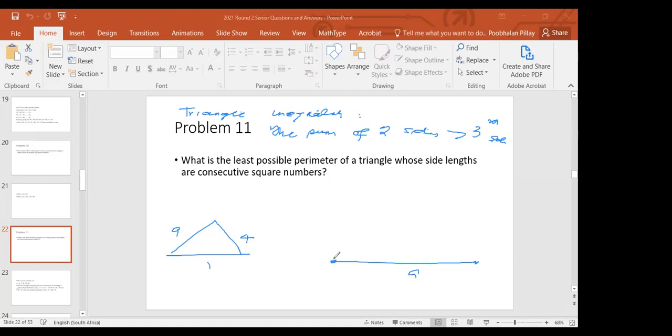So you take all the points which are 1 unit away from this point here. All of them will lie on a circle of radius 1, so it'll hit this line here at 1. Now here, when you draw a circle, you have to see all the points which are of radius 4.